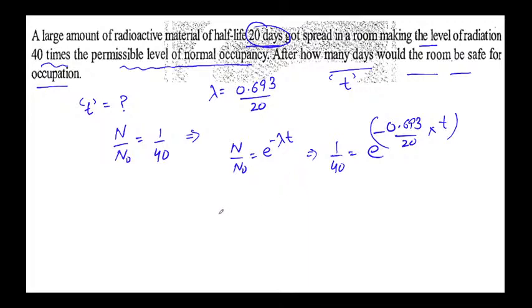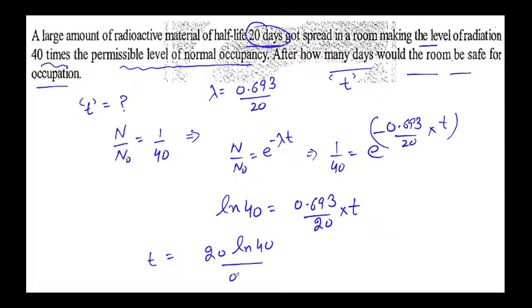So log of 40 is equal to 0.693 over 20 into t, and t comes out to be 20 into log of 40 over 0.693, which is 106.4 days.